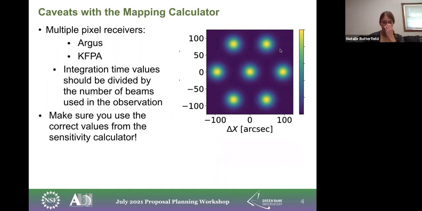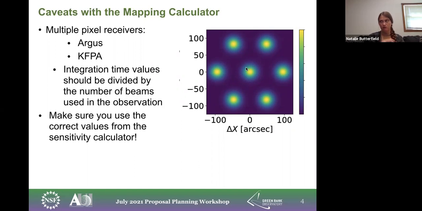The KFPA receiver is shown here, where you can see the positions or offsets between the different beams on the sky. If you are mapping a relatively large region, larger than this footprint, your integration time should be divided by the number of beams used in your observation.